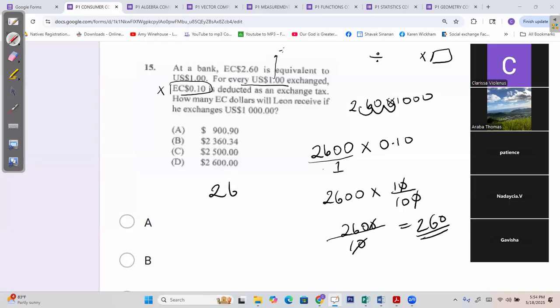So you got to take the 2,600 minus the $260. So let's do that. Borrow. A lot of people got this wrong in general. So that's 4, that's 3, that's 2. Hold on there. Let me see what's going on here. Something went wrong somewhere.